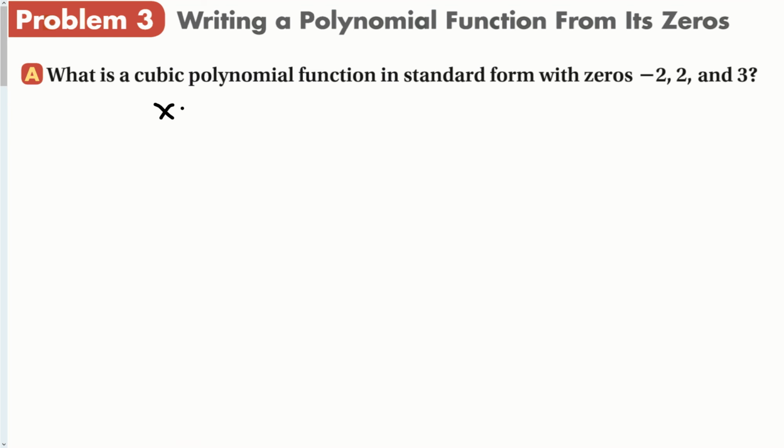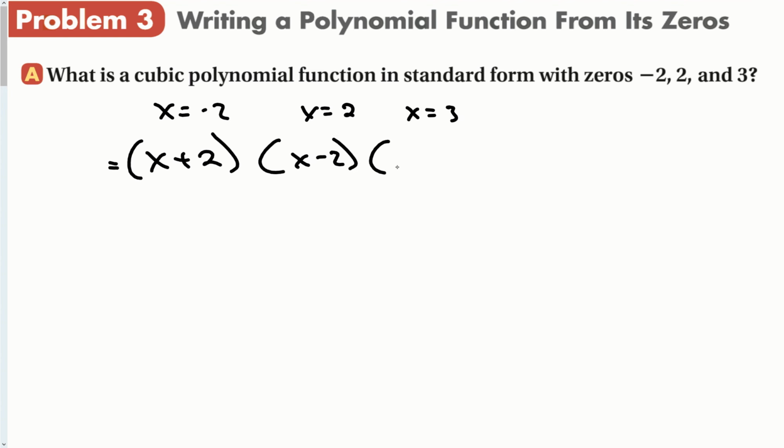So if x is equal to -2, when we are solving for roots, we make x equal to the root. When we're solving for factors, we set it equal to 0. So just add the 2 to both sides, and this gives me x plus 2 as a factor. For this one, this gives me x minus 2 as a factor, and for this one, we have x minus 3 as a factor.